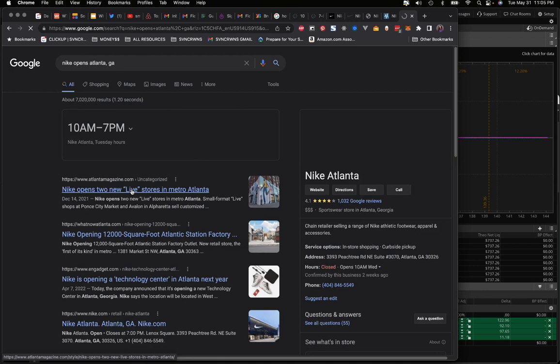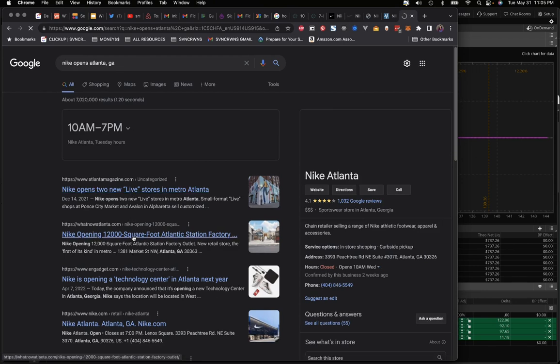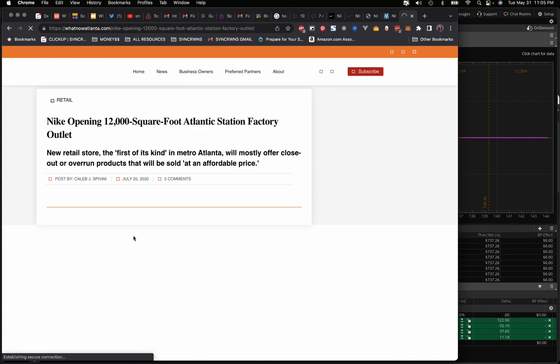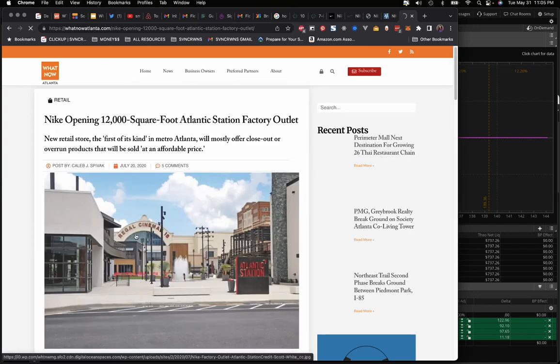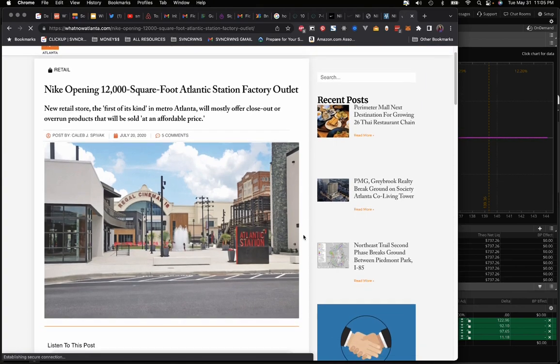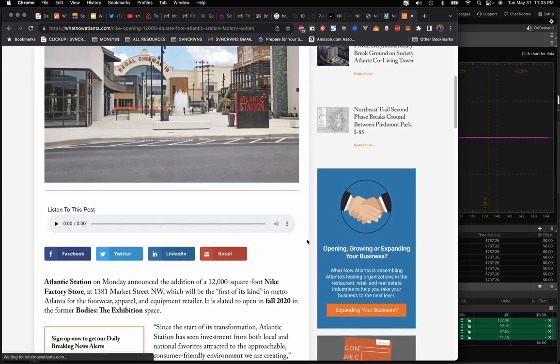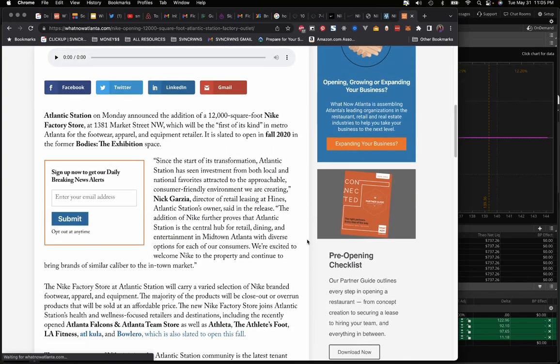Happened in December. 12,000 square foot factory in Atlantic Station. That's going to make a lot of money. The first of its kind in Atlanta. Yep. That's pretty legit.